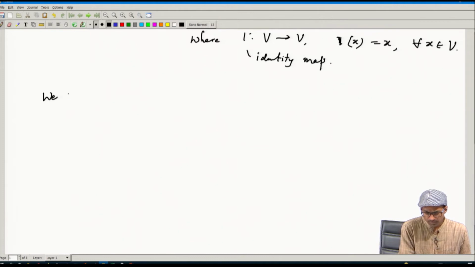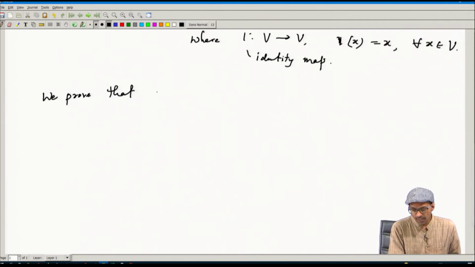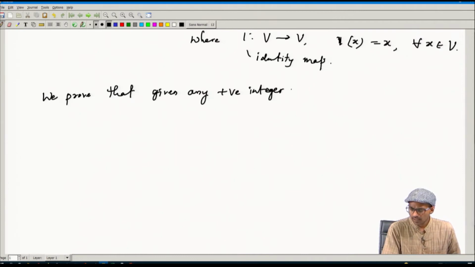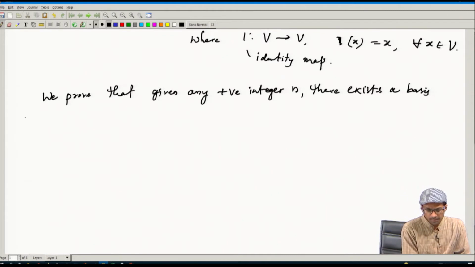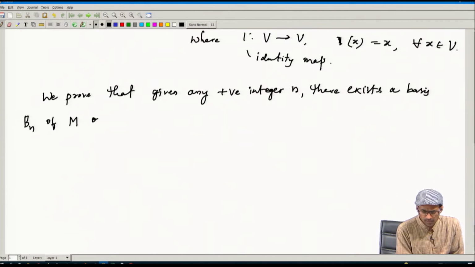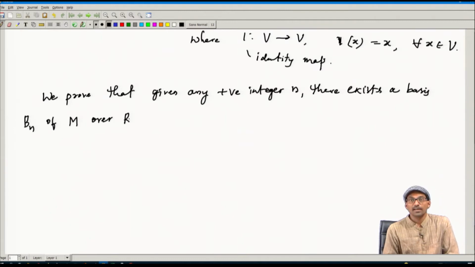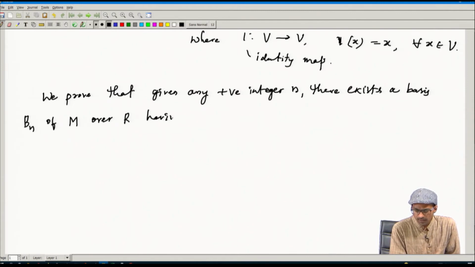What we prove now is that, given any positive integer n, there exists a basis Bn of M over R having n elements.